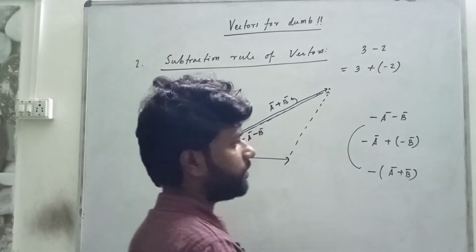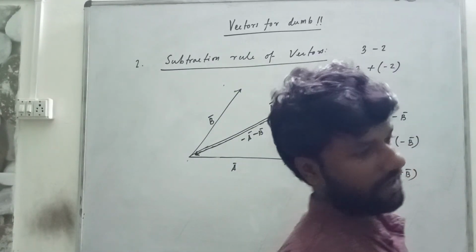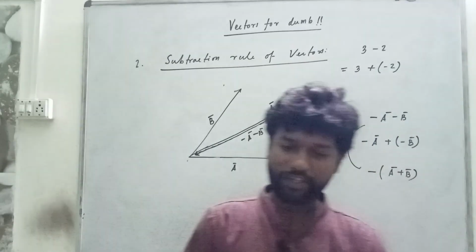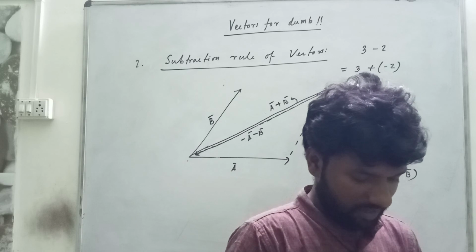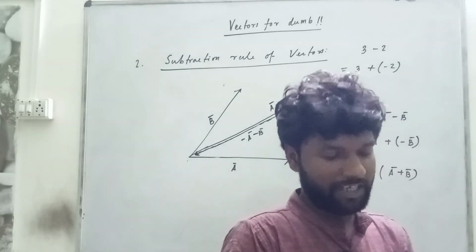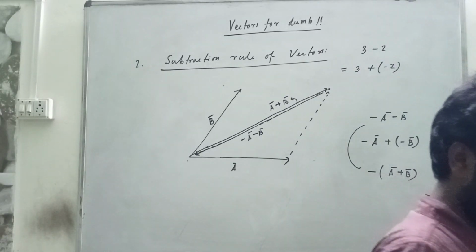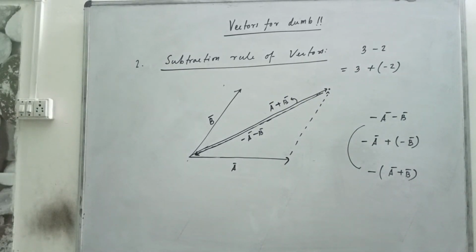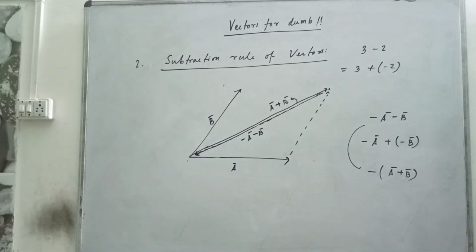And then I will proceed to the multiplication procedure, the multiplication of vectors, right? There are two multiplications, scalar multiplication and vector multiplication. Okay, it is actually very easy, right? So now I will stop here. So that is the subtraction rule of vectors, right? Okay.